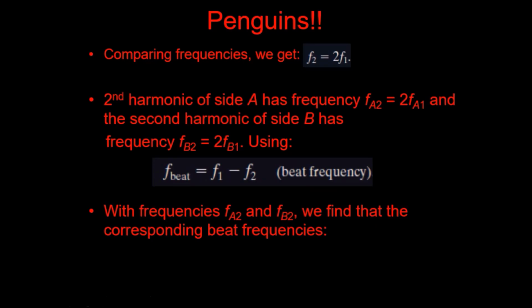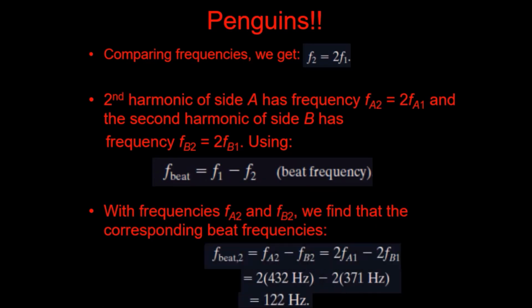What we will find here is in terms of our beat frequency, we'll have FA2 minus FB2, which will be equal to 2FA1 minus 2FB1. Substituting in, we can say this will be 2 times 432 Hz minus 2 times 371 Hz, giving us 122 Hz.